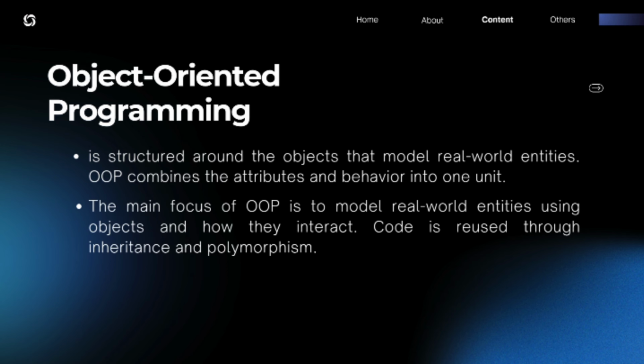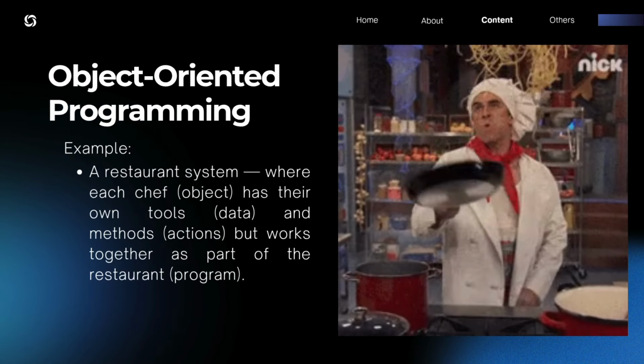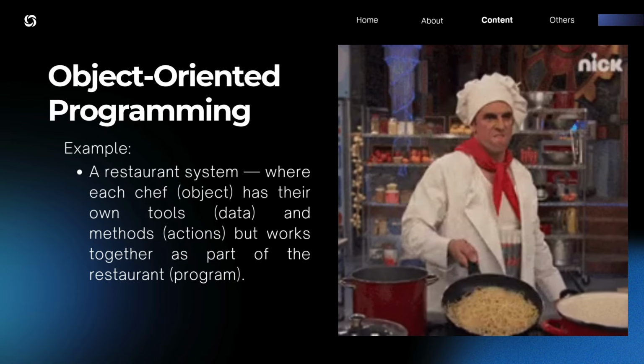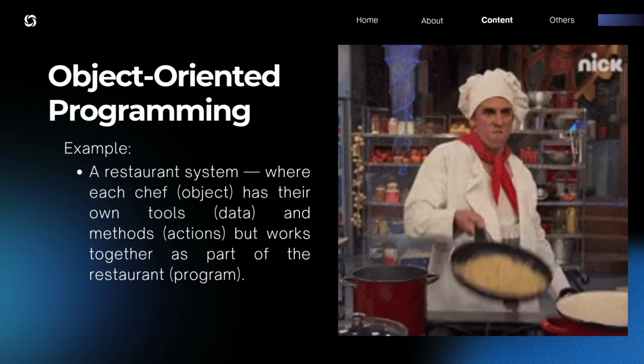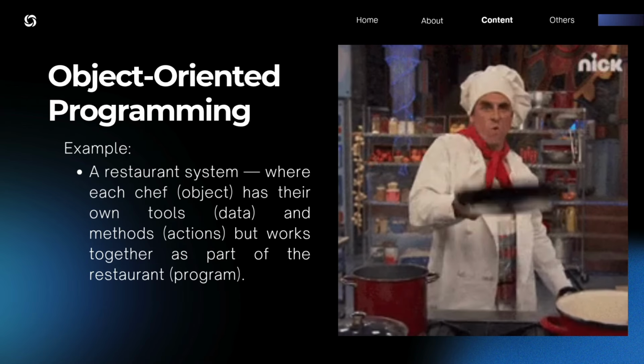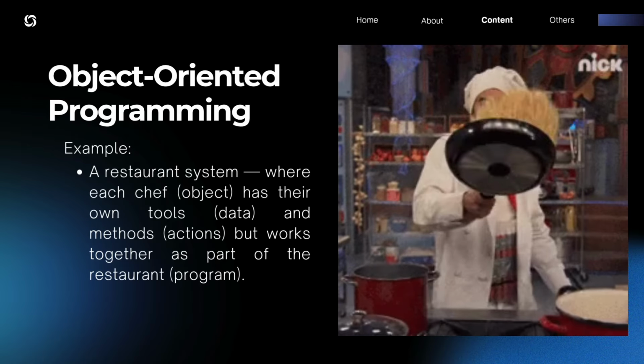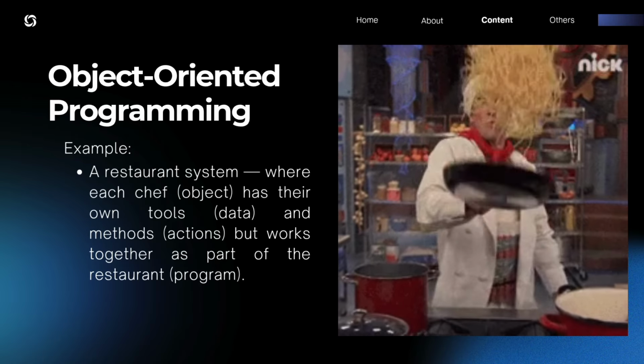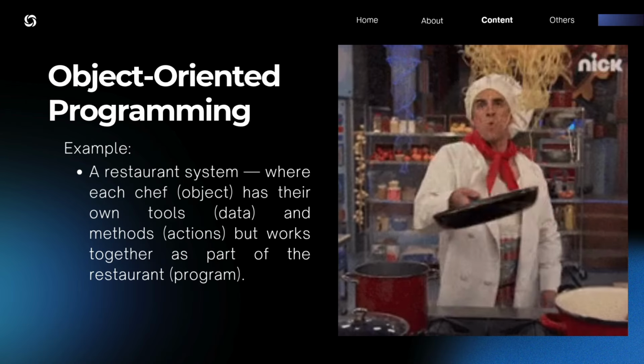Code is reused through inheritance and polymorphism. An example of object-oriented programming is a restaurant system where each chef, or object, has their own tools or data and methods as actions but works together as a part of a restaurant or a program.